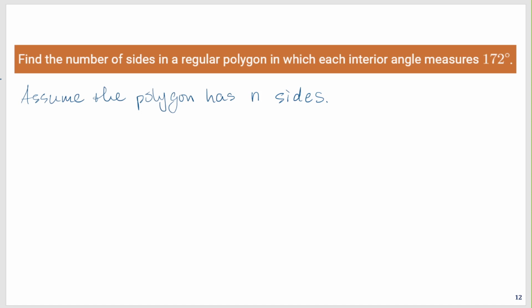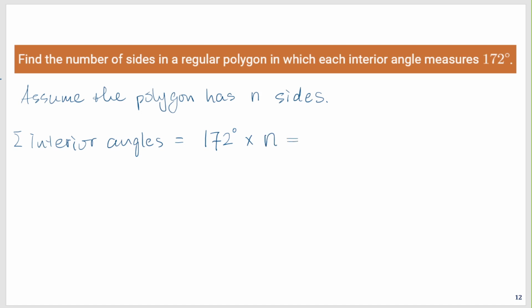Then there are two general approaches we can take to this problem. You could use either the interior angle or the exterior angle, right? If you use the interior angle, we know that because each interior angle is 172 degrees, the sum of the interior angles is 172 times n, right?